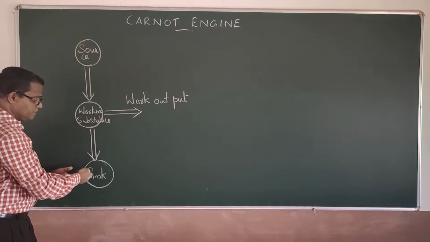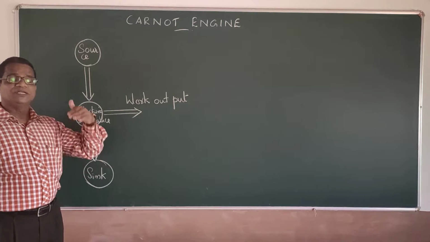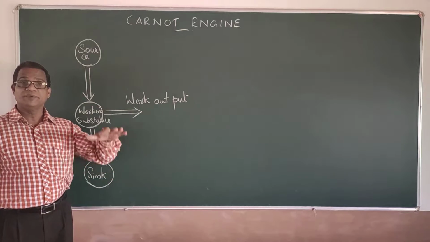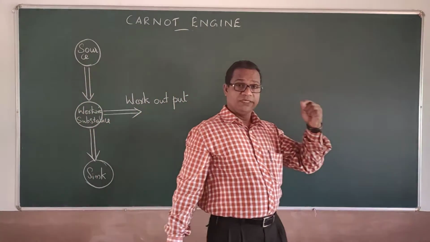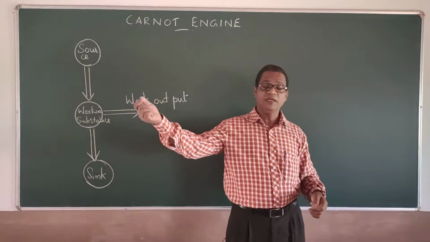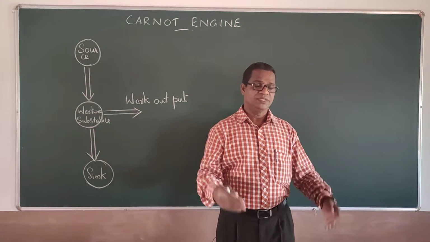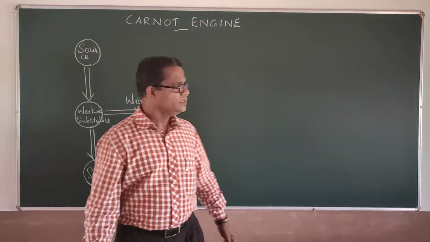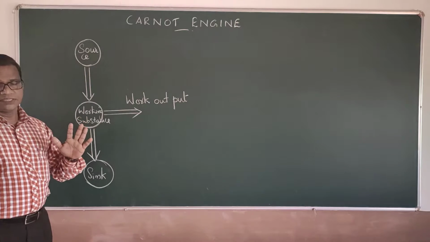Like that the process continues, with expansion and compression of the gas and the piston moving up and down. This motion can be coupled with a rotating wheel, and the rotation can be taken out to move a locomotive or something like that. This is the working of a Carnot engine, the very basic part of it.